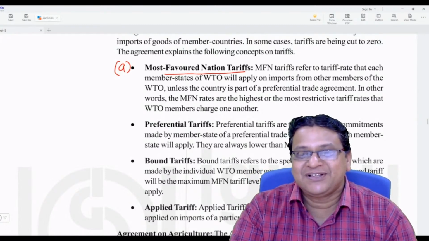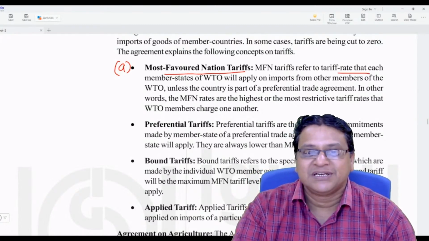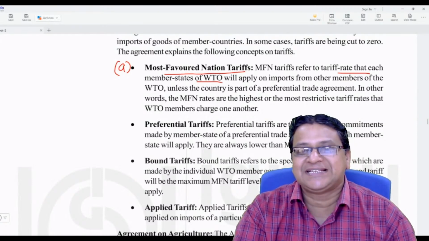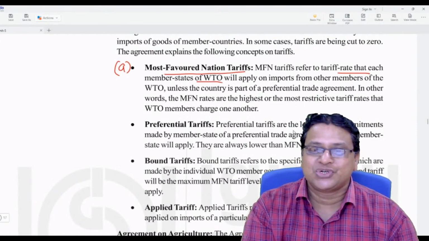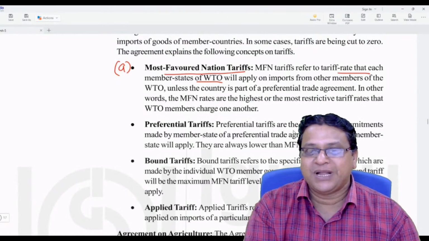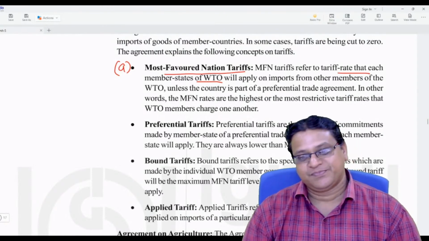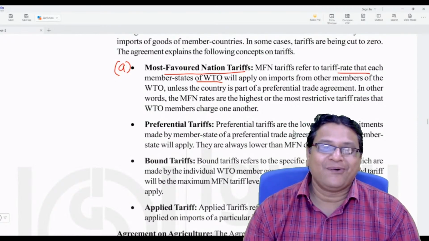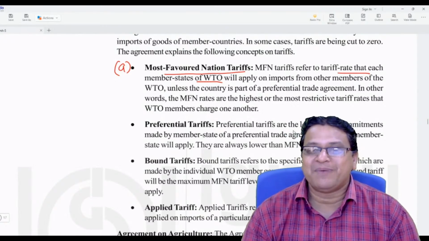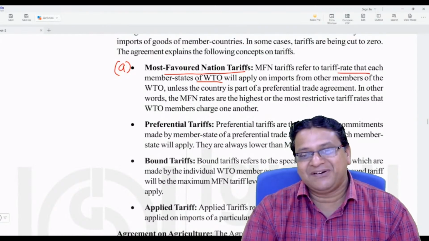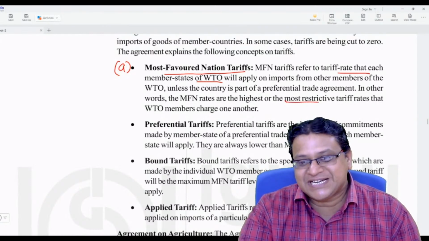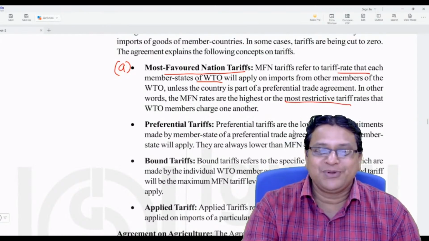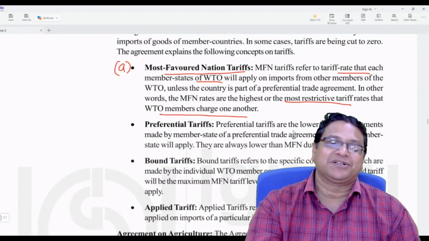MFN tariff is the tariff rate at which member countries generally charge on the goods and services imported and exported to their countries. So this is the normal rate. We can call MFN rate the normal rate. It is the most restrictive tariff rate a WTO member can charge other members.